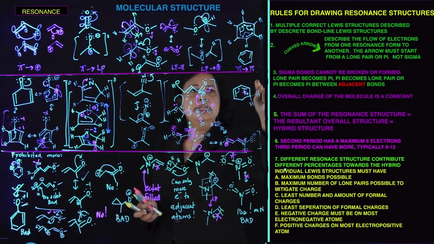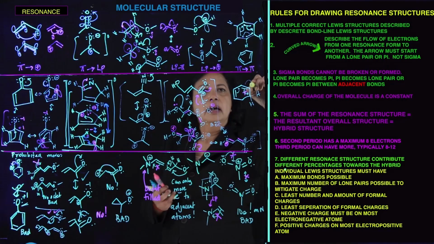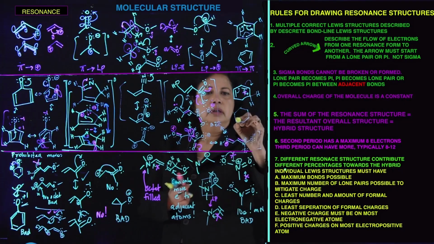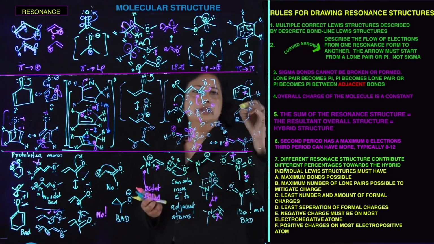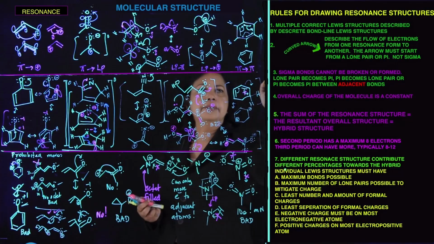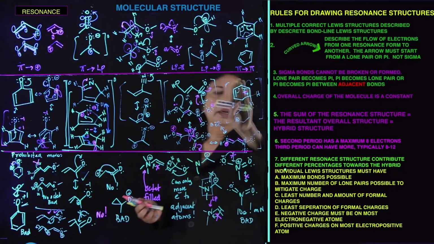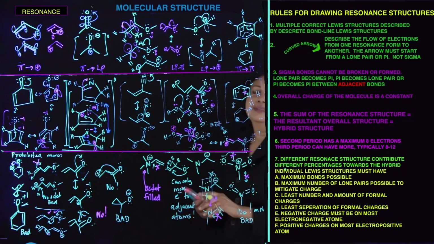You can put it on this carbon, that's okay, but you'll get a really bad resonance structure. So you'll have a positive here and a negative here. This is a really bad resonance structure, and so it's mostly going to be here. So even though these are possible resonance structures, 99% of the time it's going to be in this region.